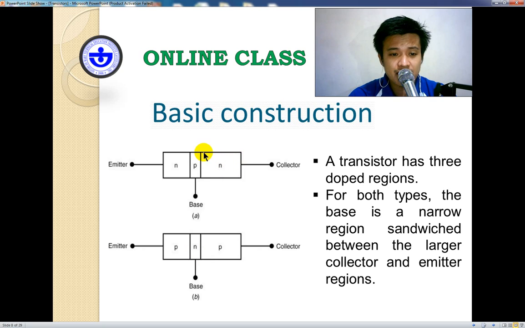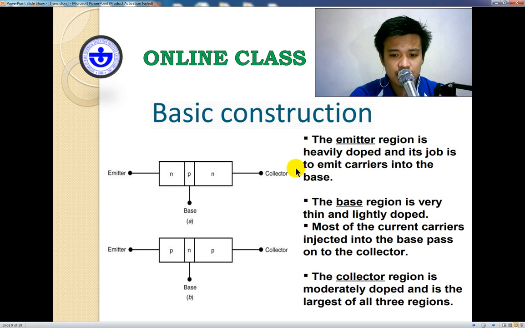The part with the bigger occupation on the structure is the collector, followed by the emitter, and the smallest part is the base. It doesn't matter whether the base is positive or negative, as long as in the real construction it is the smallest part. Okay?